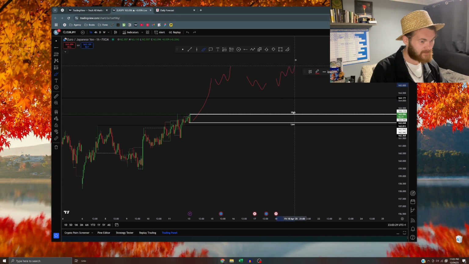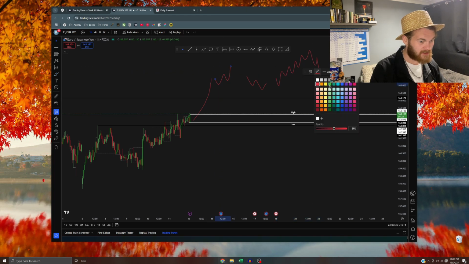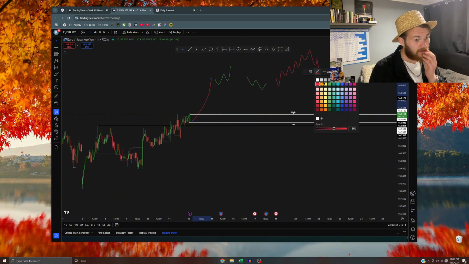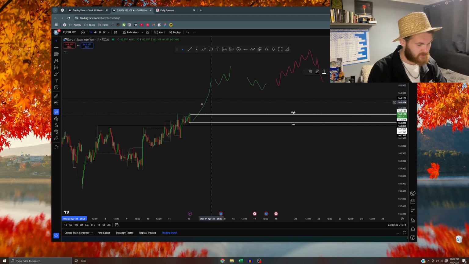If I see that, then I'll start looking for a sell, and then I'm just going to make the buyers, the longs, green, just so we can see very clearly what we're looking for on the screen. And then I'm just going to take these points off.